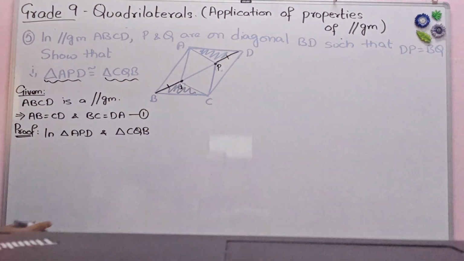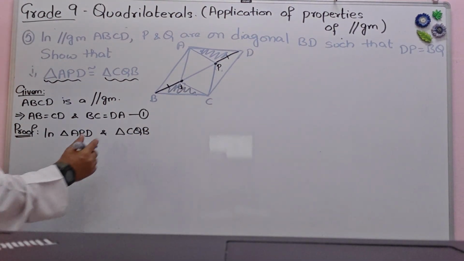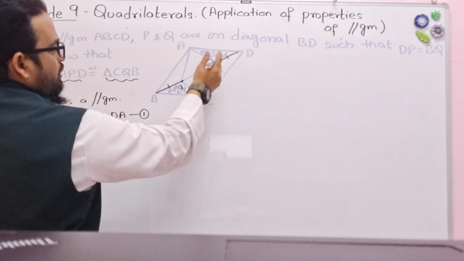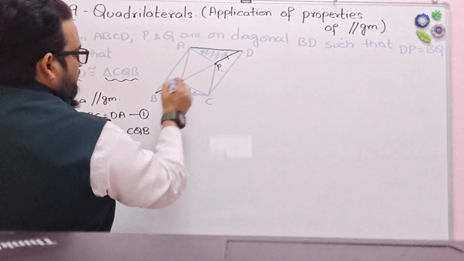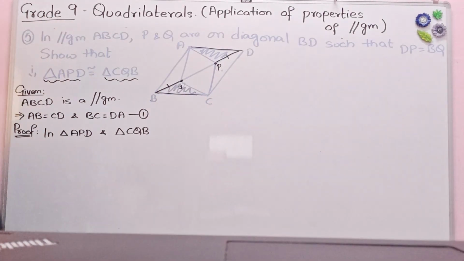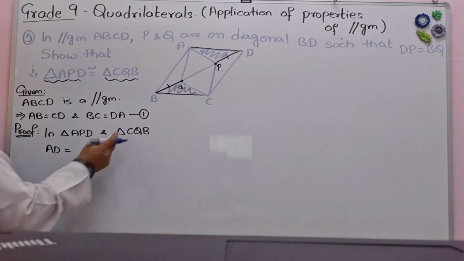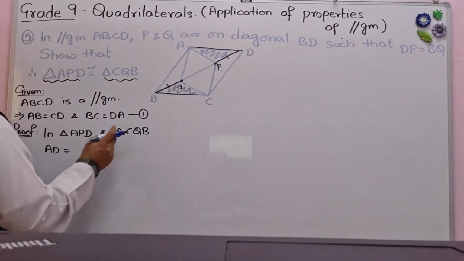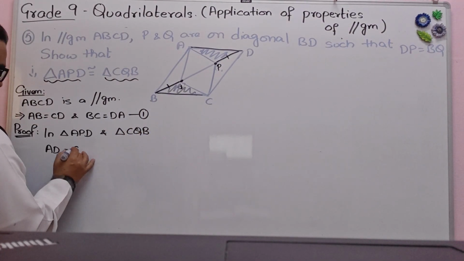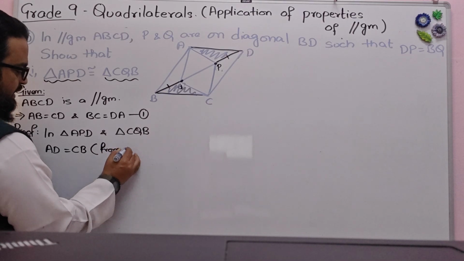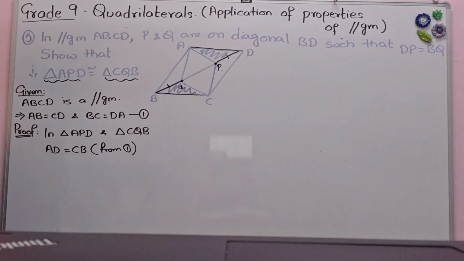What are the parts which are equal here? Let us see. In APD, are these two opposite sides of a parallelogram? So that means AD is equal to CB. What is the reason? From the first equation, opposite sides of a parallelogram are equal.